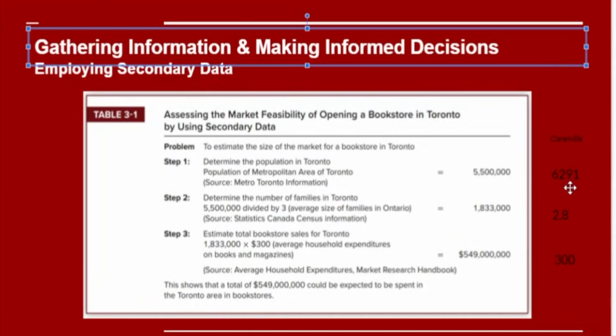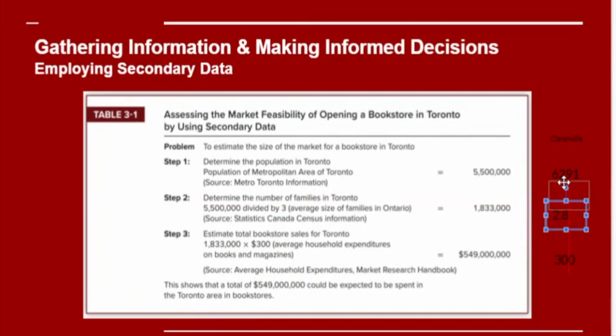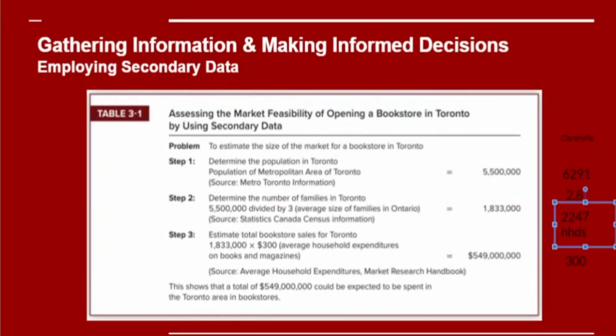Effectively, what we're doing now is the same calculation for the Clarenville area. So I'm going to take 6,291 and divide it by 2.8, because the average household size is 2.8. That's 2,247 households.